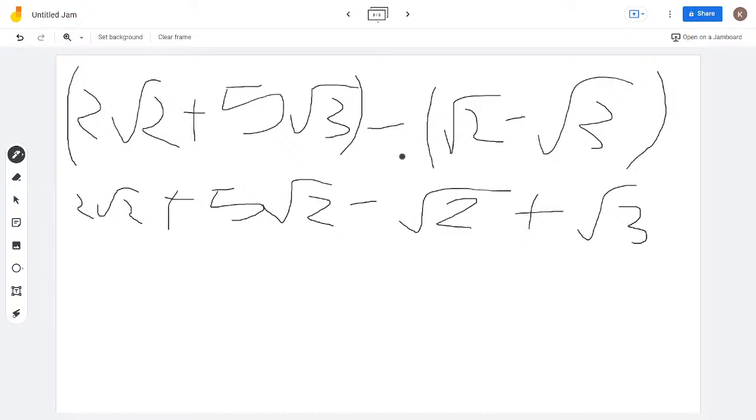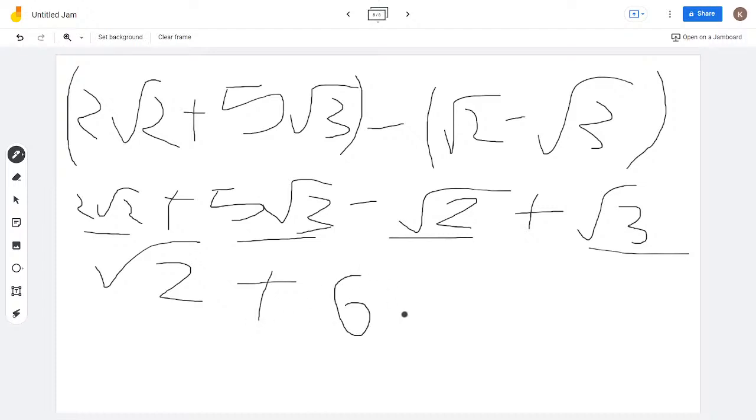In subtraction, 2 root 2 minus root 2 is equal to root 2. And 5 root 3 plus root 3 is equal to 6 root 3. So it is equal to root 2 plus 6 root 3. The answer is different from addition because we have done subtraction here. So these are the two operations we applied, addition and subtraction.